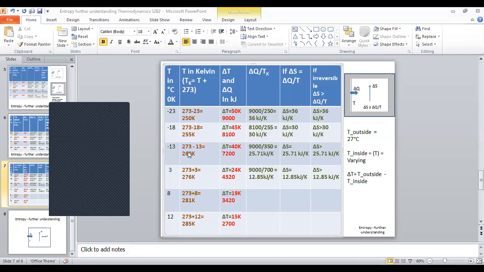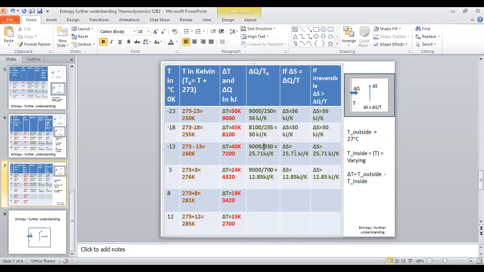Then 273 minus 13 is 260. Yeah, 260, you calculated it. This is 276. This is 4,320.